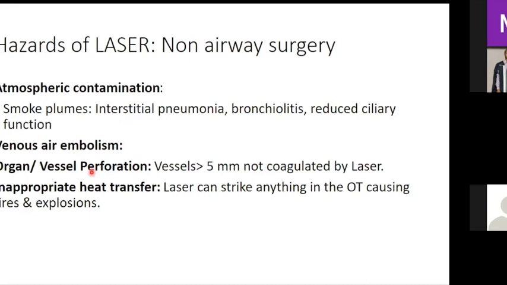Unfortunately, they don't. All you will be doing is causing a perforation, and that could pose a risk of bleeding. And then inappropriate heat transfer. If you just leave the laser on unattended, it can strike anything in the theater, and especially in an oxygen-rich environment you can cause fires or even explosions.